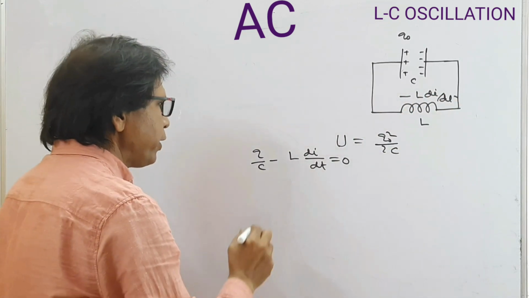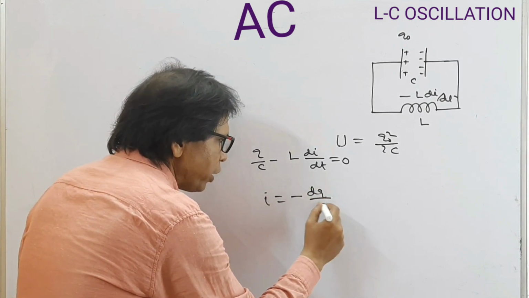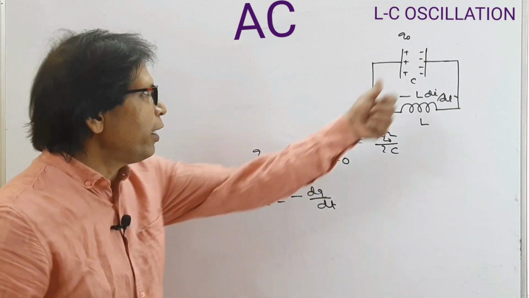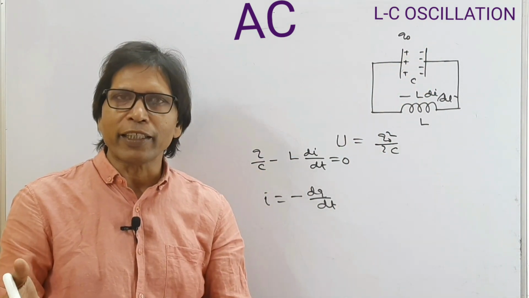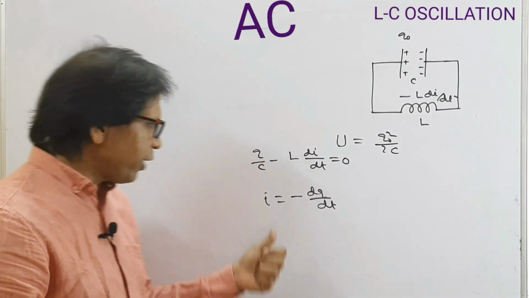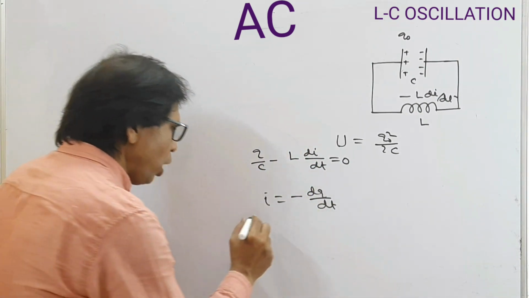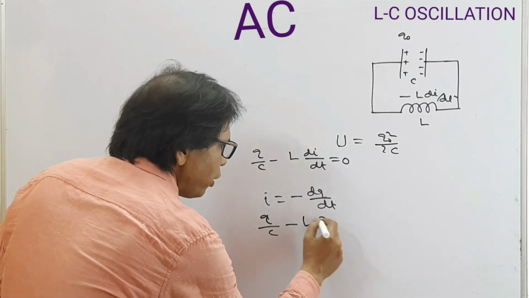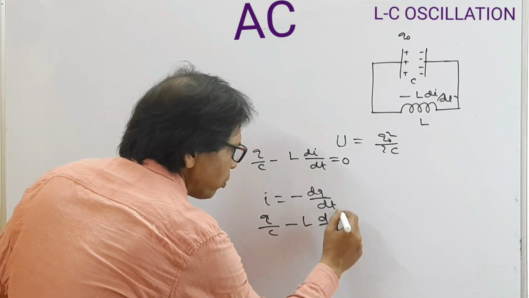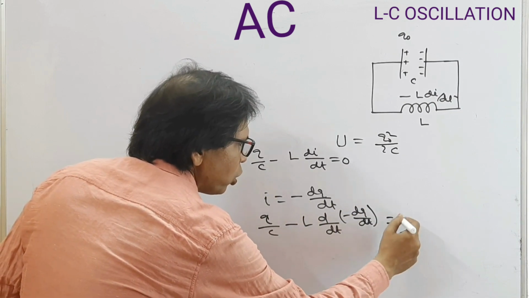Okay. So look at this, here I equals minus dq by dt, because the initial charge is Q naught and this charge discharges through the inductor, so the charge is decreasing. That is why current I equals minus dq by dt. Now put the value: Q by C minus L d by dt of (minus dq by dt) equals 0.